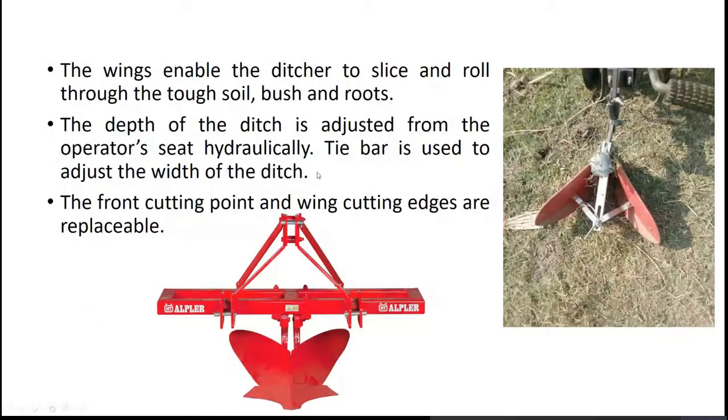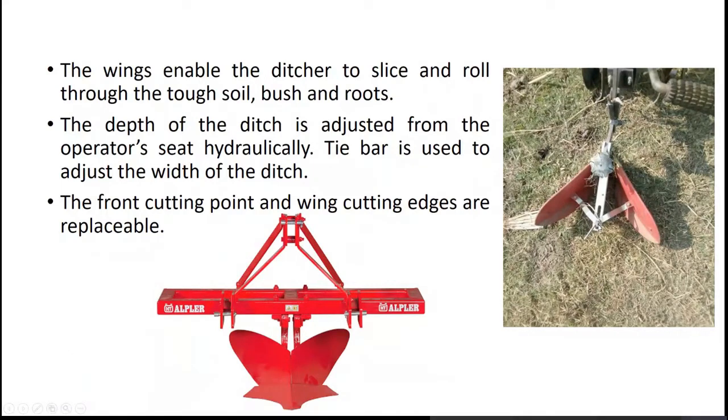So you see here, these are your two wings, the moldboard. These two we can say are the tie bar. Now this portion, if you slide inside, what will happen? The width of these wings will expand.